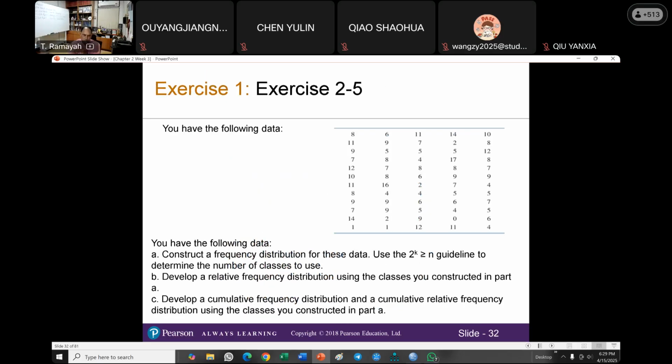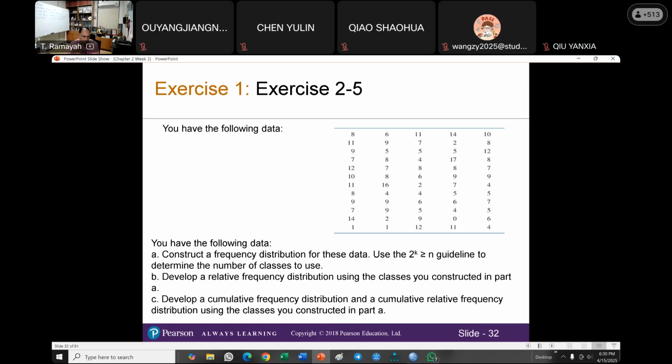Okay, so this is an exercise you can try out on your own. We don't have to stop and do this. You can try this out at your own pace, and then next week I will give you the answers for these 3 questions. First, we need to construct a frequency distribution.